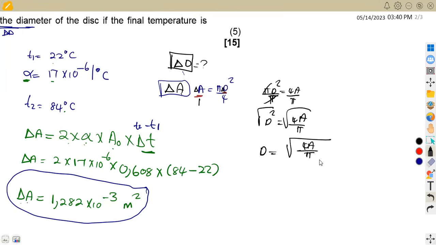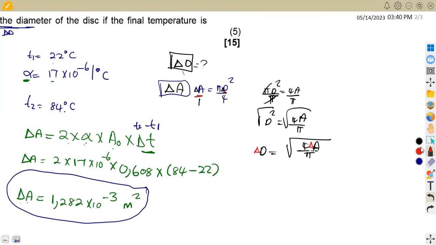All right. So this here is representing not just a normal area, but a change in area. So this is no longer just an area, but the change in area that you're talking about. And also this is no longer a normal diameter that we're talking about. This is a change in diameter.